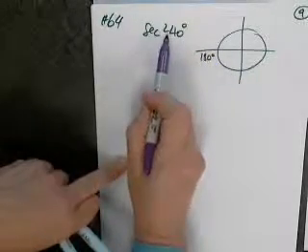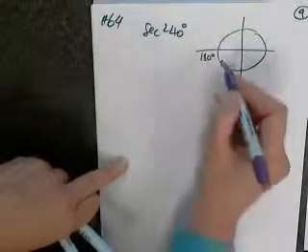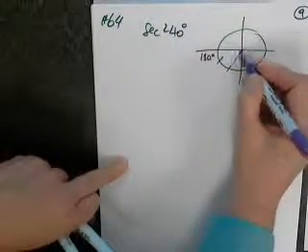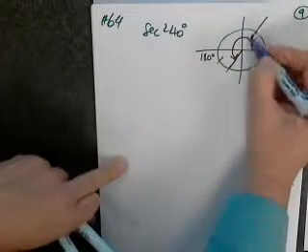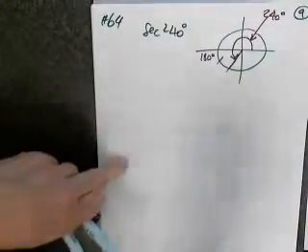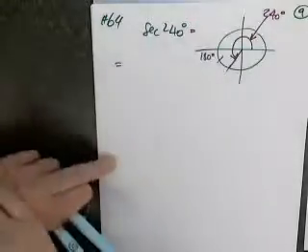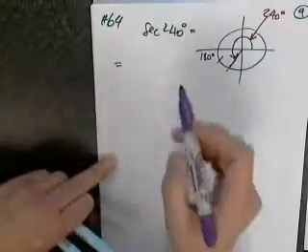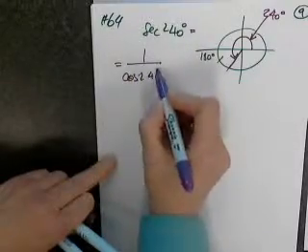Between 180 and 240, I still have to go how much more? 60. So right here, this angle is 240 degrees. My professor said don't bother with secant, so I'm not going to bother with secant. So what does this equal to? 1 over cosine 240. Perfect.